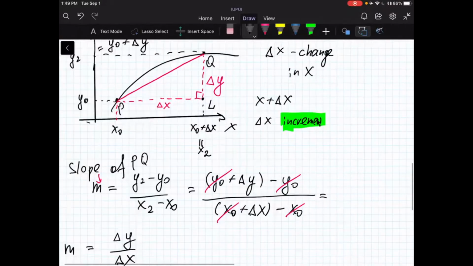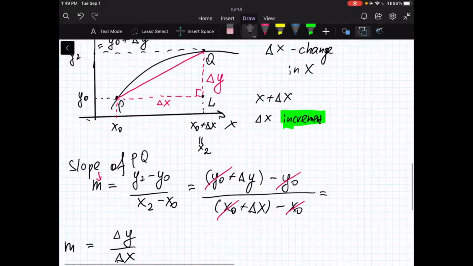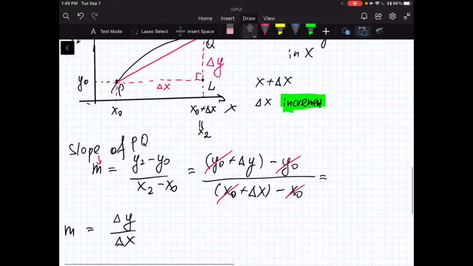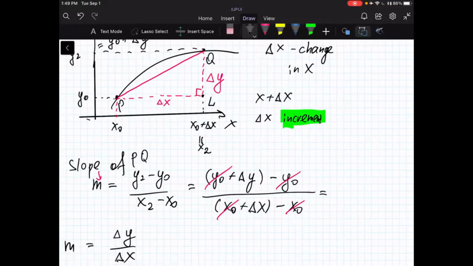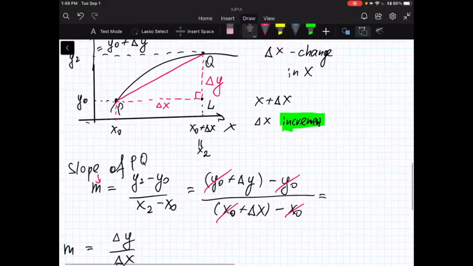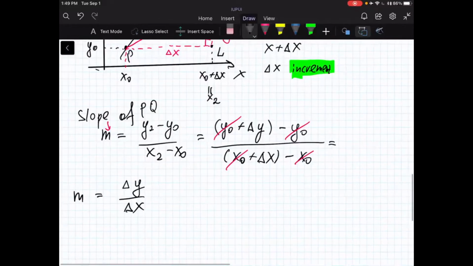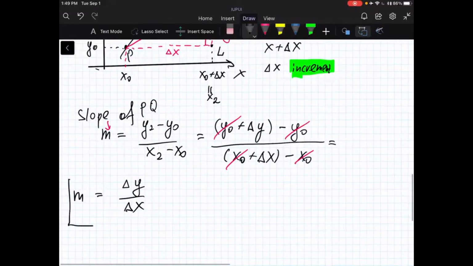So in some sense, we have our triangle PQL, and if you want to find the slope for the chord PQ, it's just one side, delta y, divided by another side, delta x. Okay, this is kind of an important step to remember.